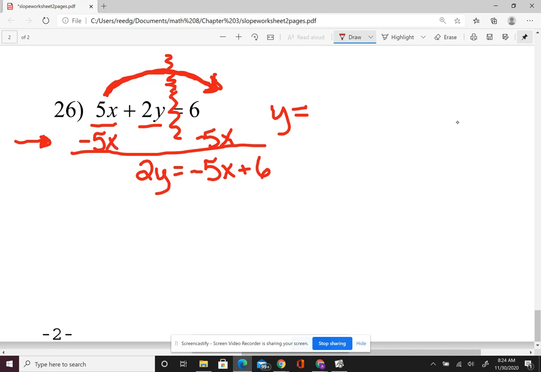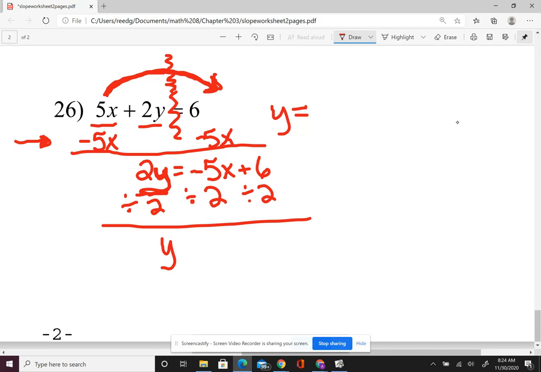Now we can't add a 6 and a negative 5x together because they're not like terms. Do we have it solved for y yet? No, we have it solved for 2y. We want it solved for 1y. So we have to divide everything by 2. And I say everything, meaning each of these terms over here have to get divided by 2.